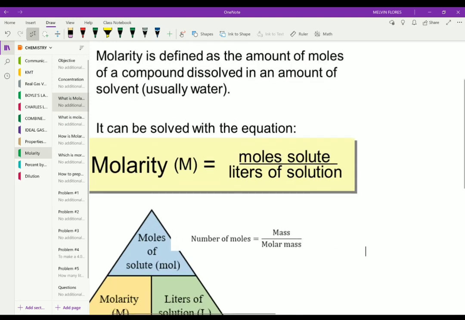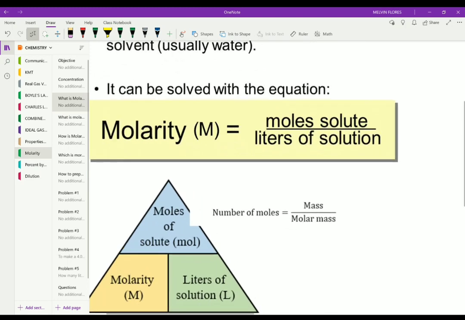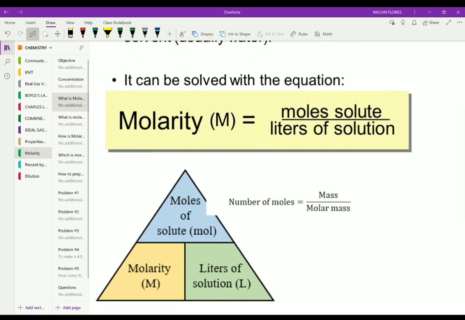Molarity is the moles of solute divided by the liters of solution. When we say liters of solution, of course, that includes our solute and our solvent. So we add the amount of solute plus the amount of solvent to get the liters of the solution, because what makes up a solution is the solute and the solvent.